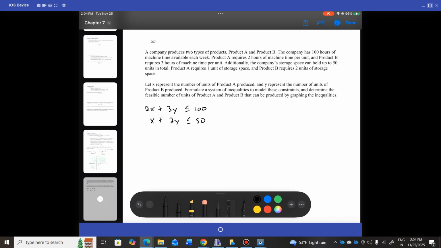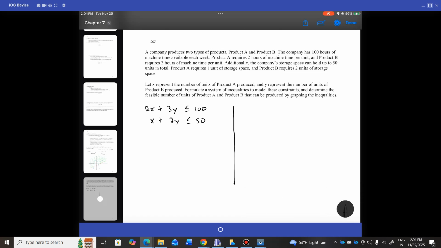Alright, so let's graph this. Both of these are going to be lines, right? We can solve each one of these for Y in a sense.